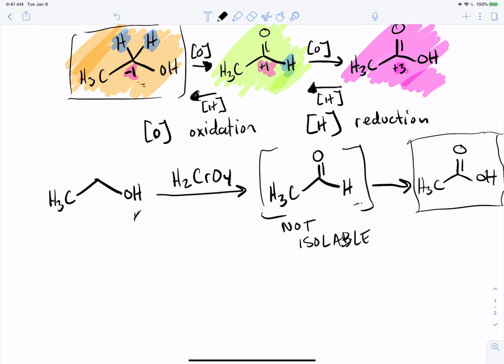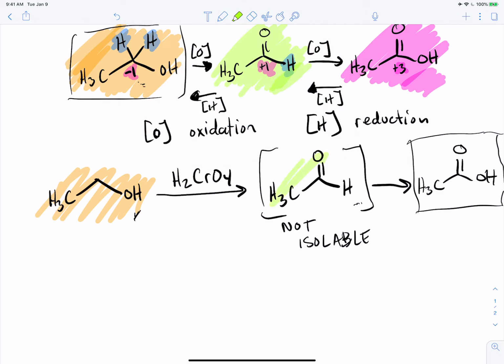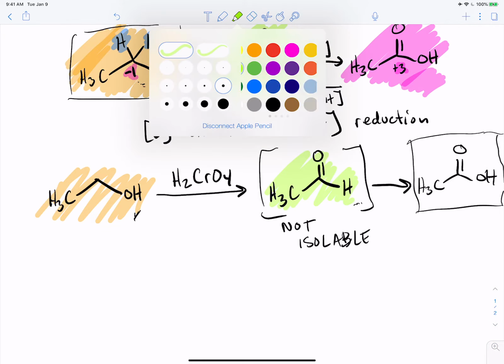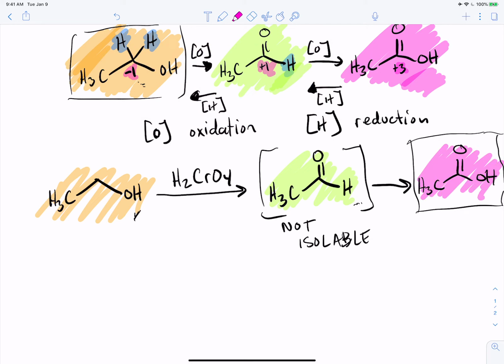So as soon as this becomes the aldehyde, it is now more reactive than the original starting material, and it immediately gets converted over to the carboxylic acid. So you can't actually isolate it because you're forming something more reactive as an intermediate.